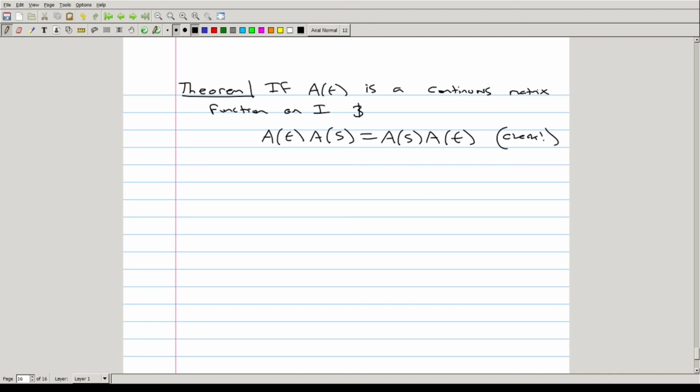But if this is true, then a fundamental matrix phi of t is the matrix exponential e to the integral from t naught to t of A of s ds.